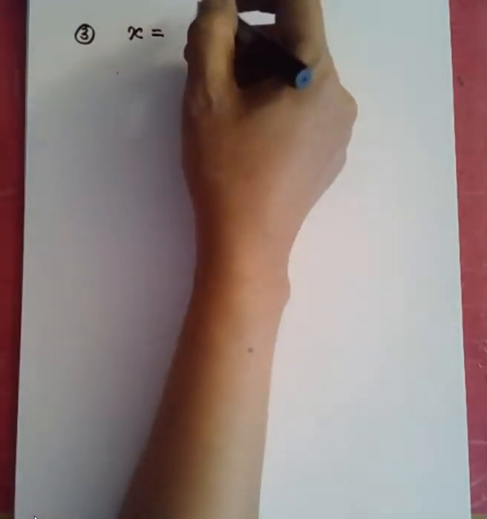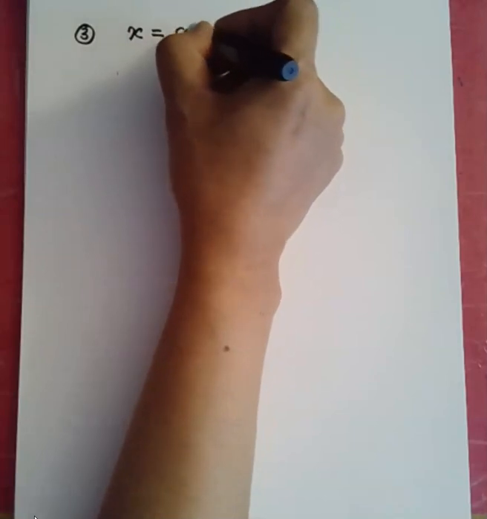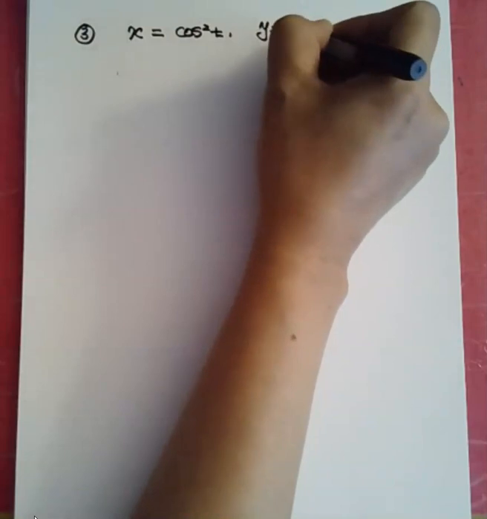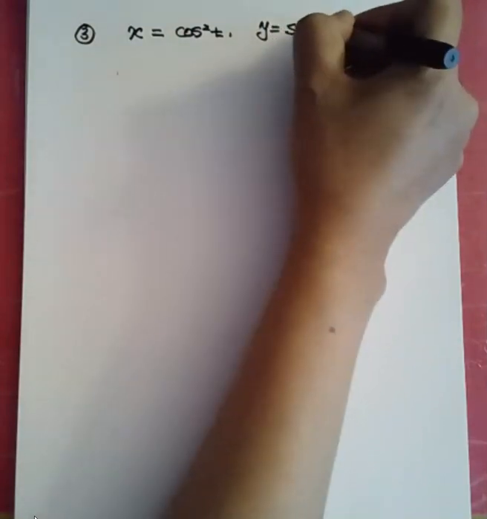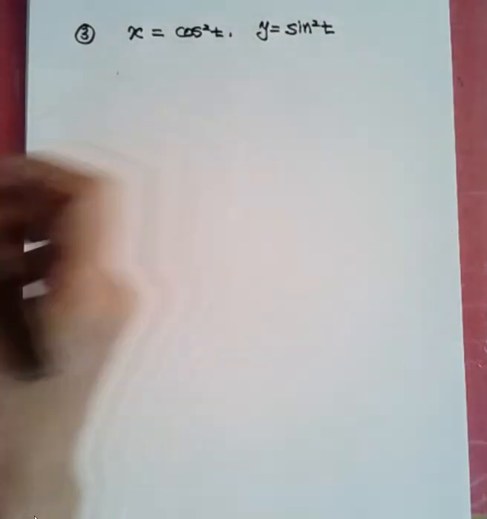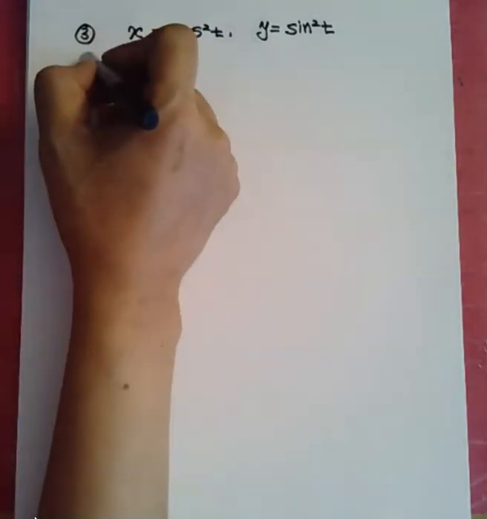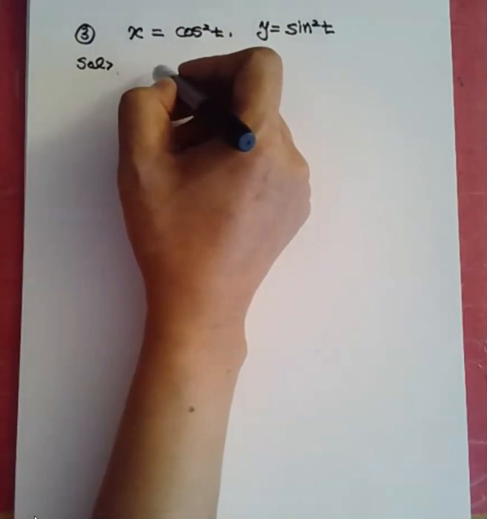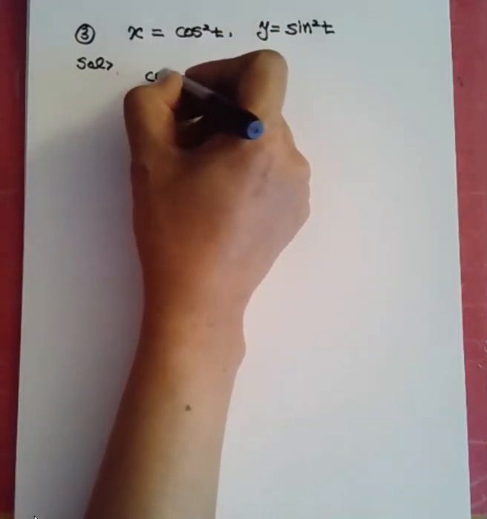This time we have x equals cosine squared of t and y equals sine squared of t. We use the Pythagorean identity again.